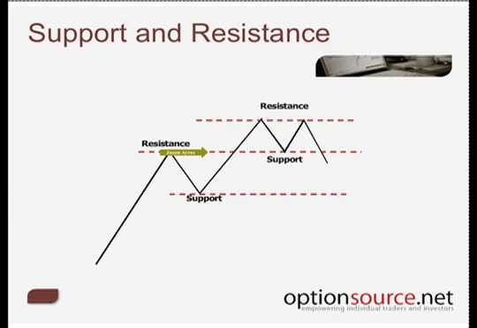However, as it breaks through that level, we would then look to the next resistance level as a target. So as we push into these previous levels, we can use those levels as a means of establishing a target.